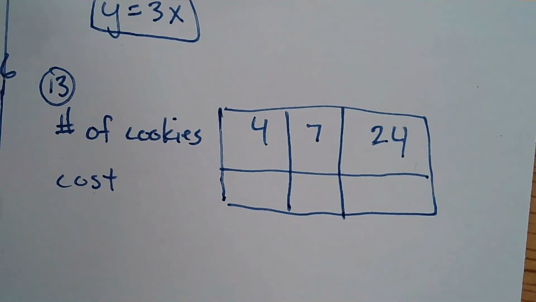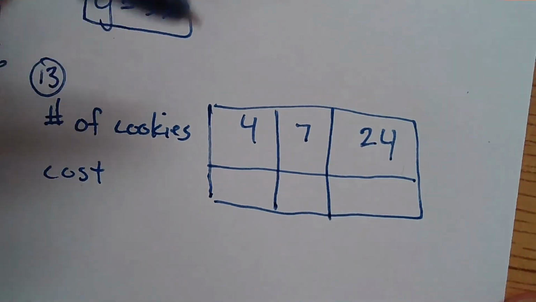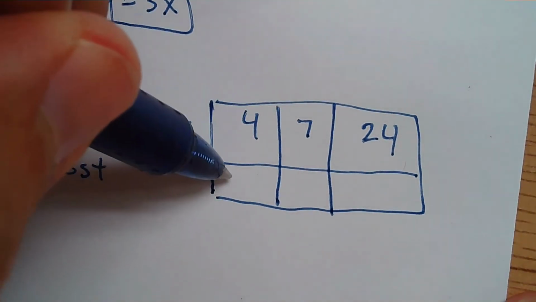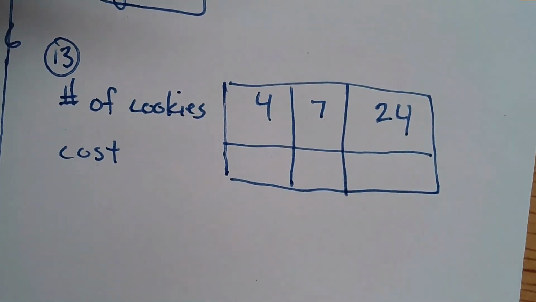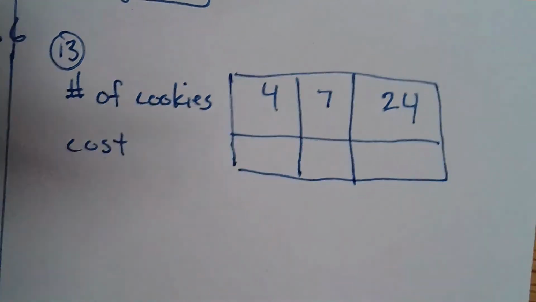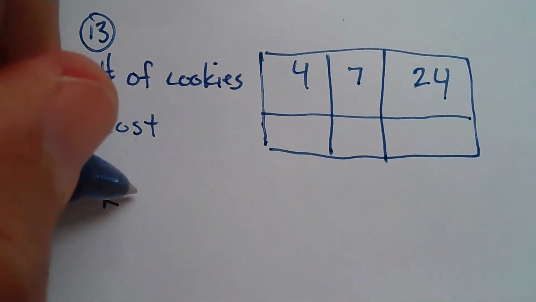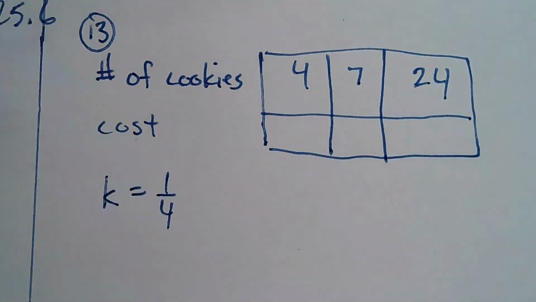So we need to have this relationship, but I can't do times 2. This can't be 8 or 3 or negative anything because it says do not use an integer. So let's use a fraction. I'm going to make the fraction, I don't know, 1/4. So the constant of proportionality will be 1/4.